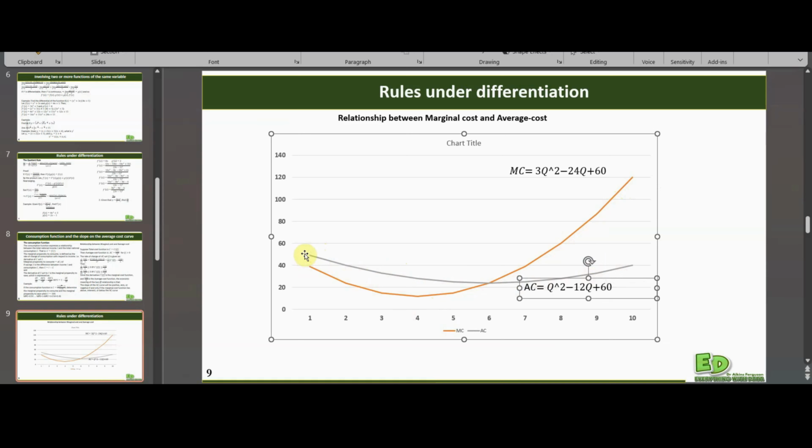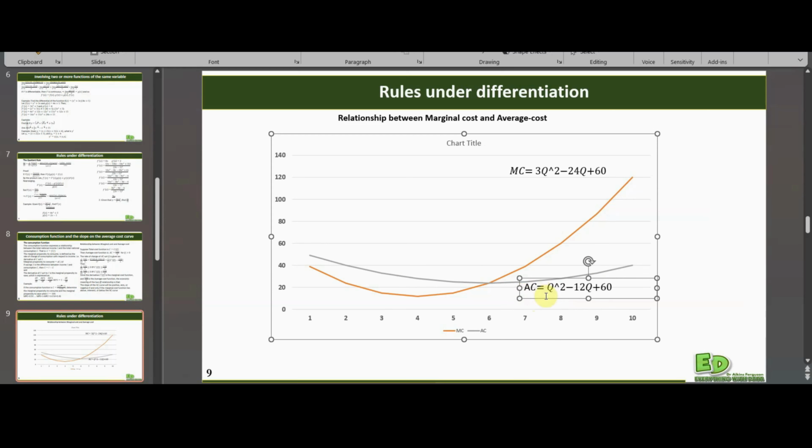You can see that it is flatter, even though it is also U-shaped, right? So from here, we can also find the minimum point at which the average cost occurs, right?